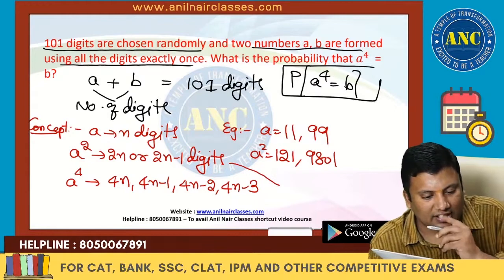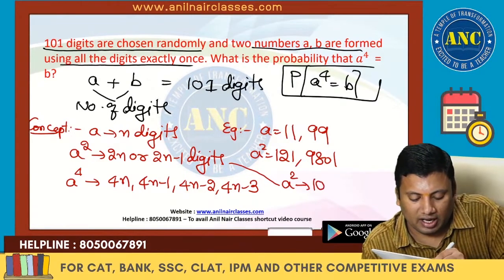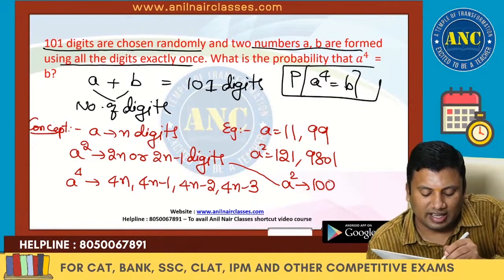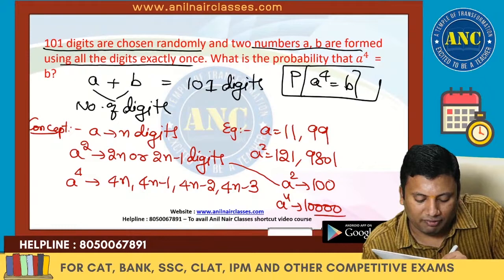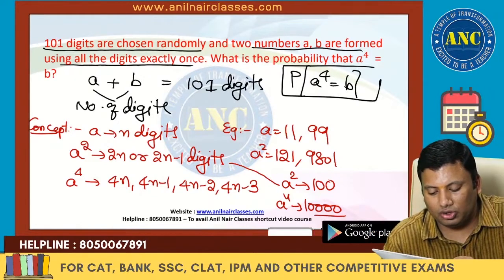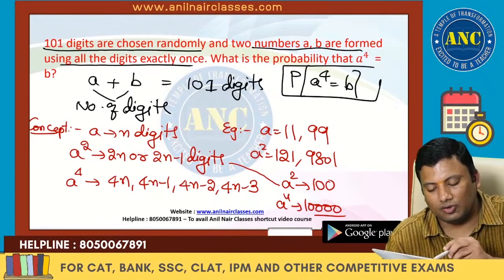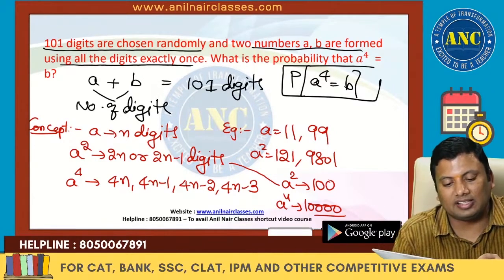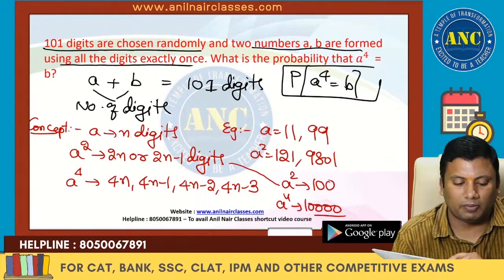Listen carefully. Suppose a is 10, a square is 100, and a power 4 will have 1 followed by 4 zeros. 1, 2, 3, 4, 5. I got 5 digits. a is 10, which has 2 digits, so 4 into 2 minus 3.